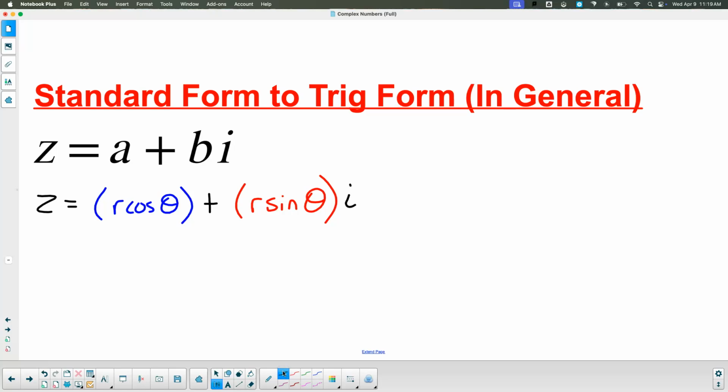We get that, right? Do I really need those sets of parentheses? No, right? So this is really just r cosine of theta plus r sine of theta times i.